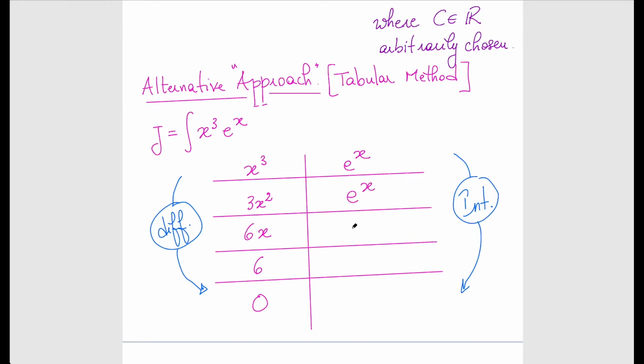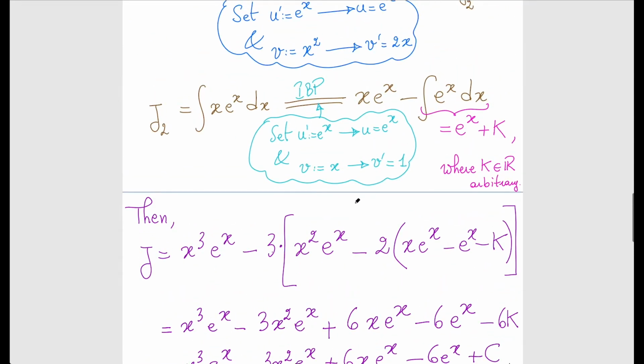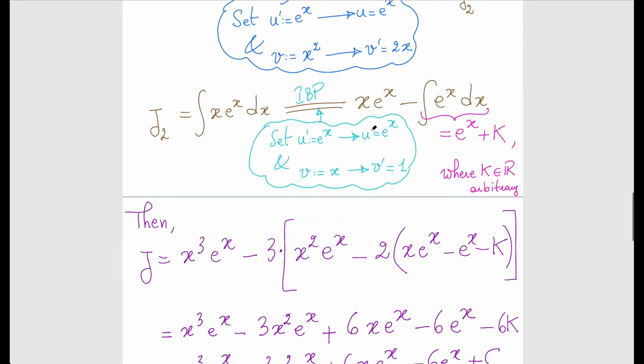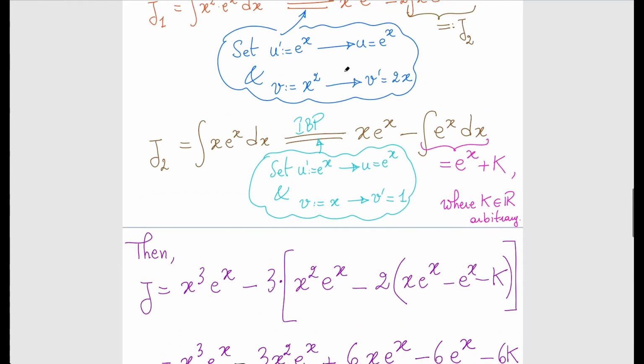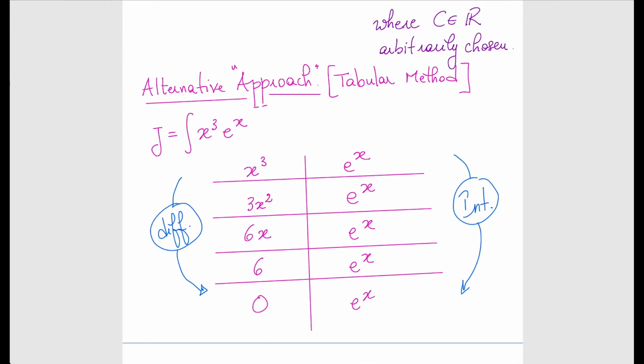So integrate e^x, we're getting e^x each time. So we're integrating, not differentiating, because also if you differentiate, you get e^x. But that's not what we're doing. We're doing integration as we did above, right? What were we doing with the e^x? We were integrating it each time, right? So from v prime to v. So we're integrating, and so on.